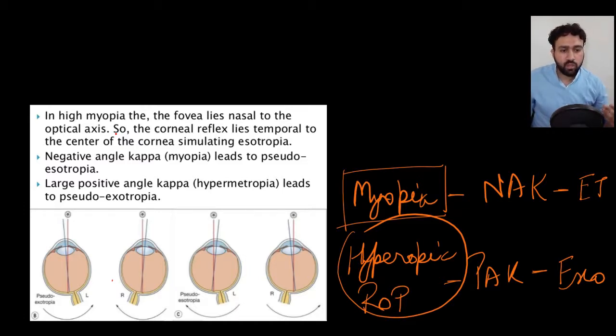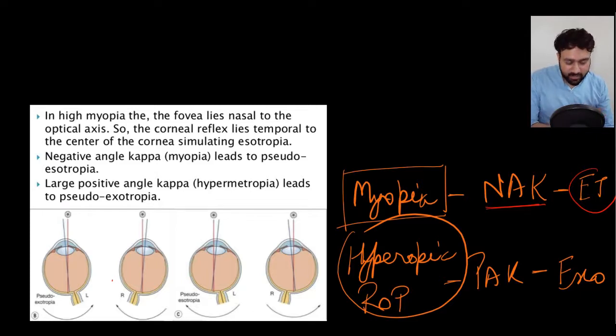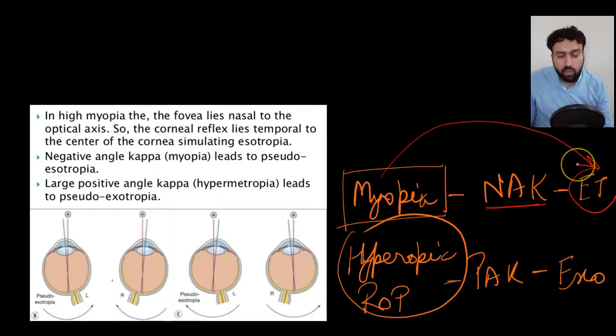That is, it moves in closer to the anatomical axis. When the fovea moves in nasally, that means the reflex is going to move temporally. When the reflex moves temporally, that is going to produce a negative angle kappa, and a negative angle kappa is associated with a simulated esotropia. So myopia will produce a pseudo-esotropia, right? We'll again revise this.